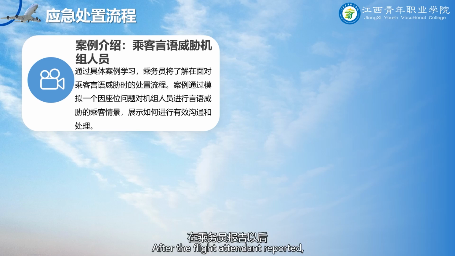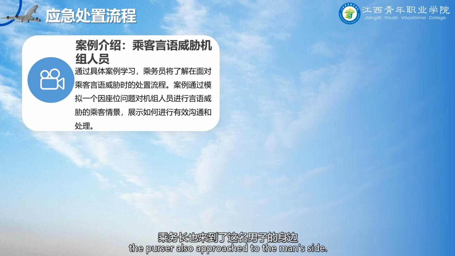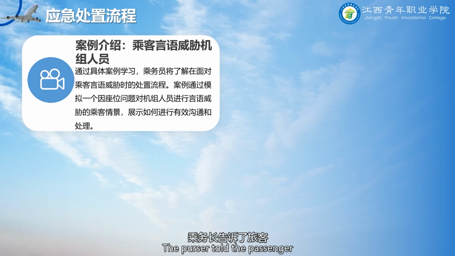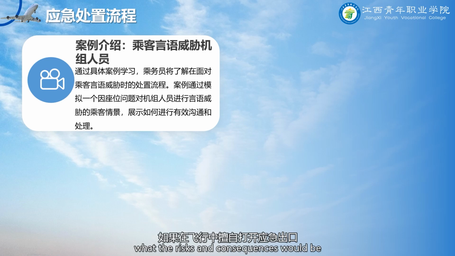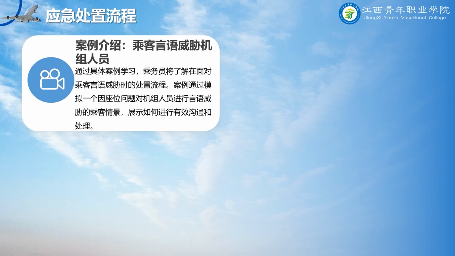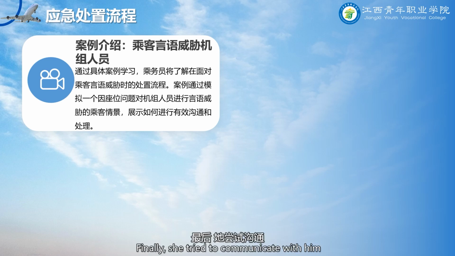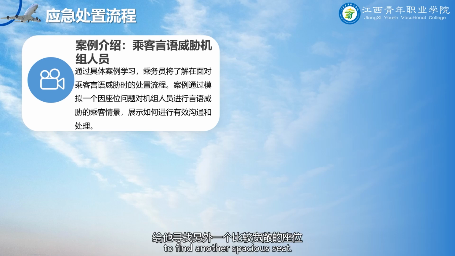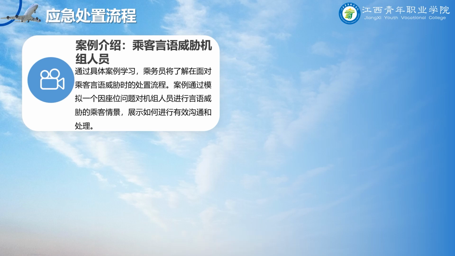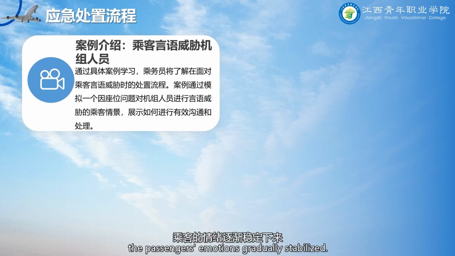After the flight attendant reported, the purser also approached the man's side. The purser told the passenger what the risks and consequences would be if he opened the emergency exit during the flight. Finally, she tried to communicate with him to find another spacious seat. With the efforts of the stewards, the passenger's emotions gradually stabilized.